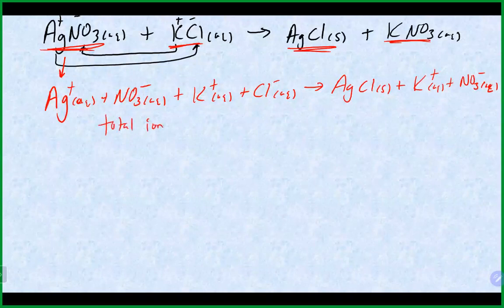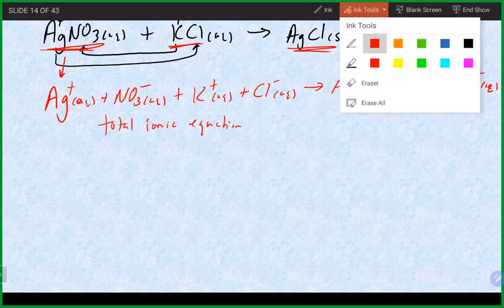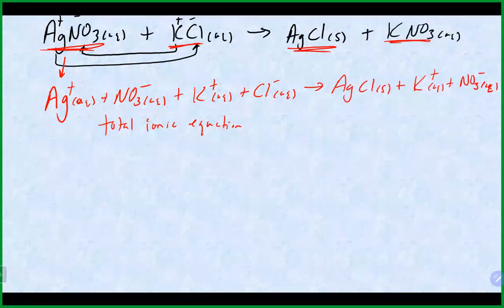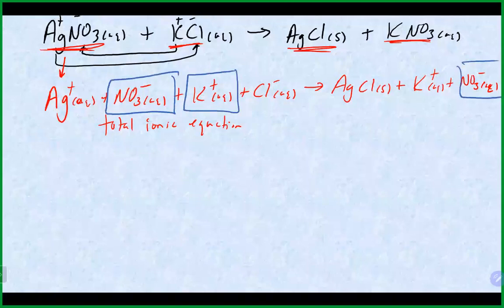Again, our ions have charges. We are going to look at this guy here and find our spectator ions. And in this case, it is the nitrate, and it is the potassium. Remember, they do need to look the same on both sides.